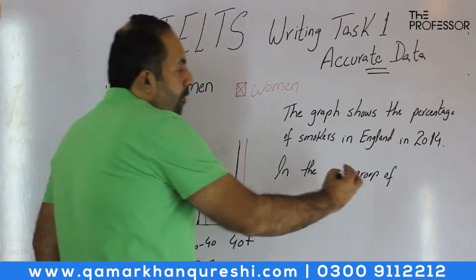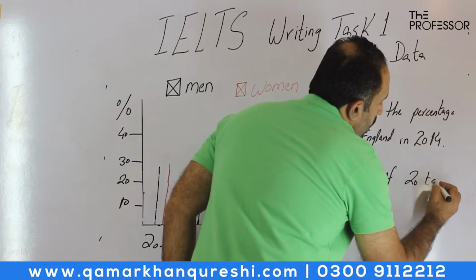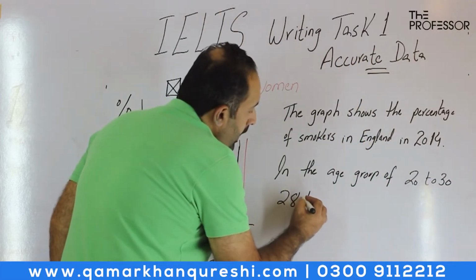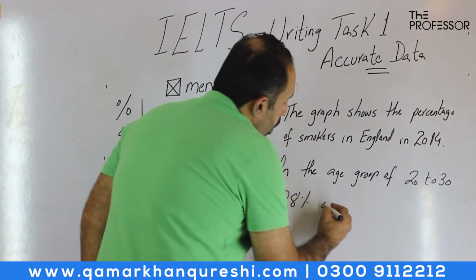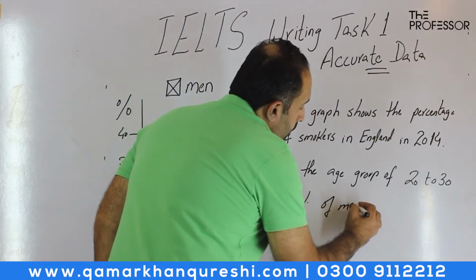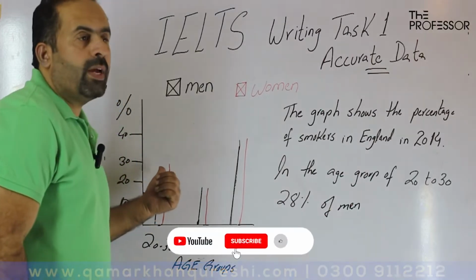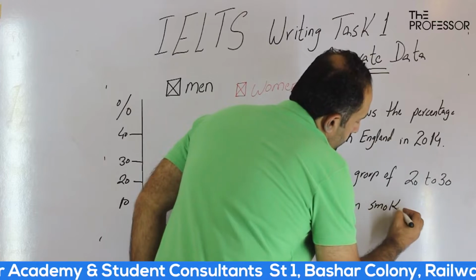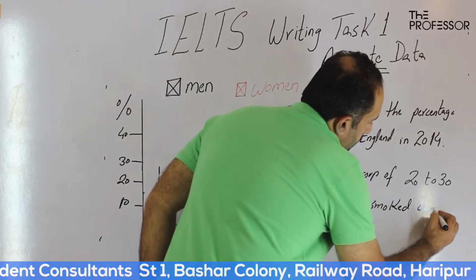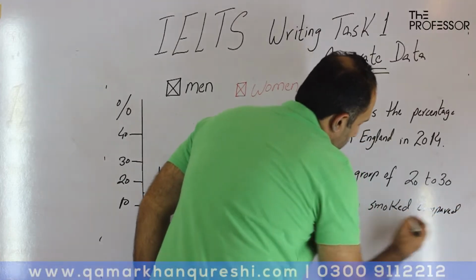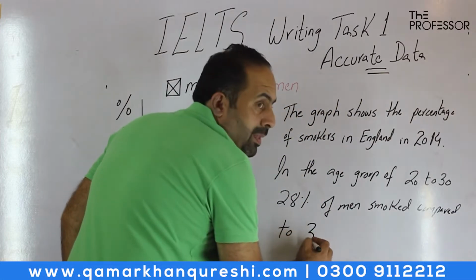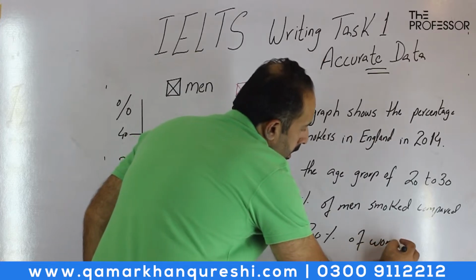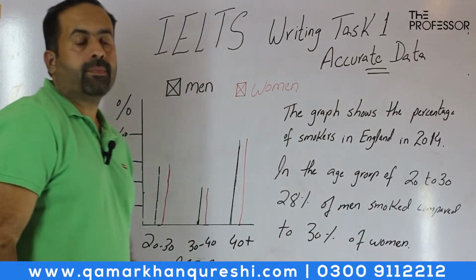So in the age group of 20 to 30, you say that 28% of men smoked compared to 30% of women.